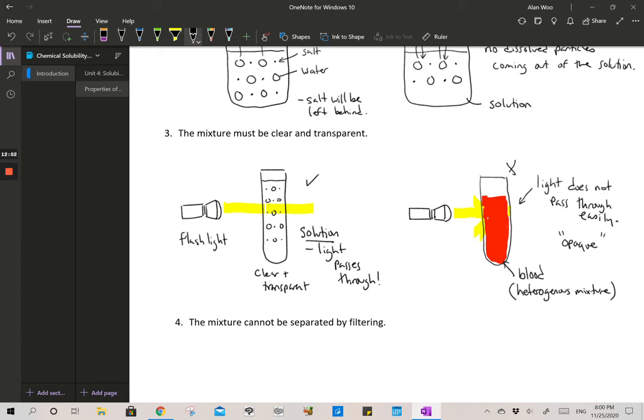If you can, then it's likely to be clear and transparent. So all true solutions are basically homogeneous rather than heterogeneous.